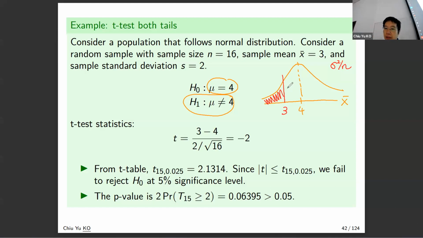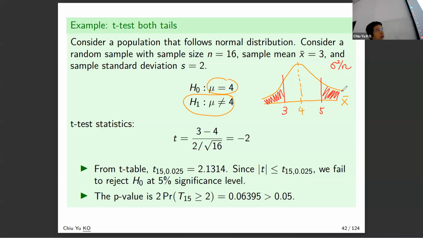But because it's two-sided, we actually don't know whether this is actually 3 or actually 5, and the area we care about is these two areas. It can be either 3 or 5. For us, before we do the sampling, it's the same, because we don't know. So that's the idea.